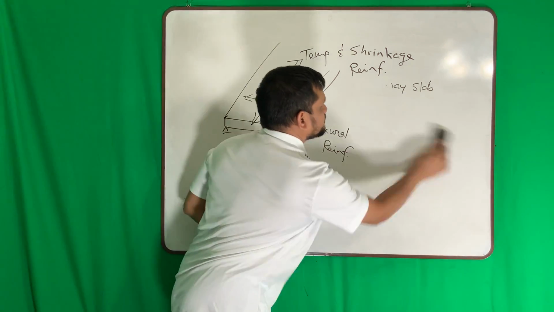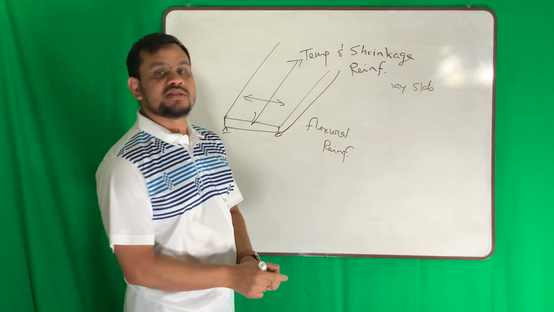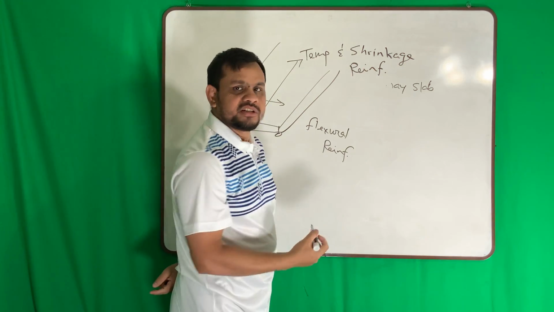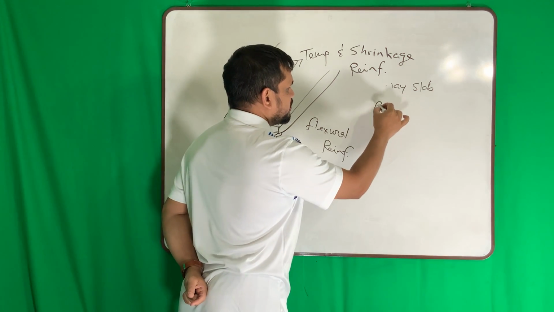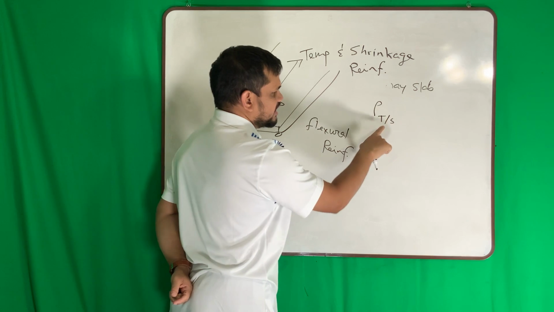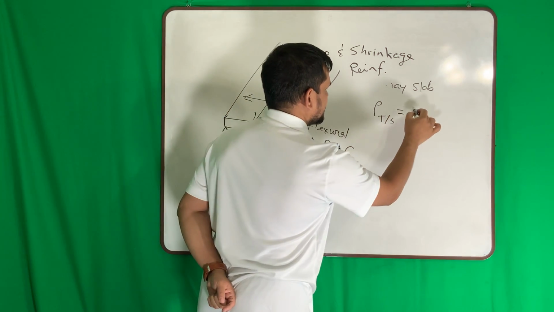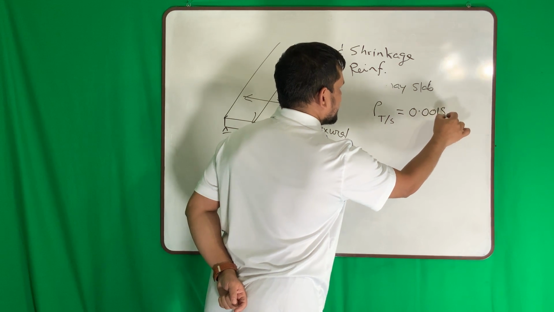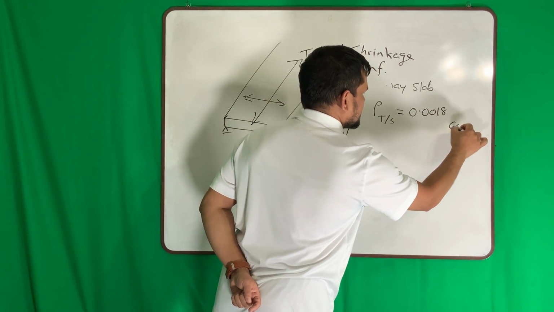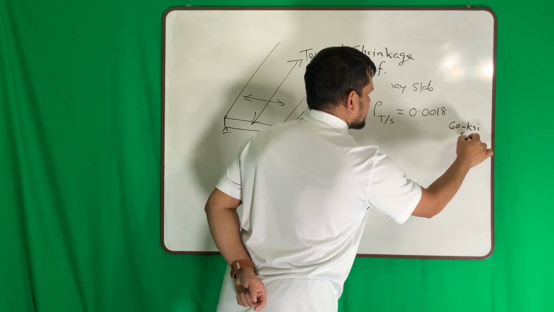Now, how much? What is the temperature and shrinkage reinforcement? Rho T, I write this way, temperature and shrinkage. Rho TS is 0.0018 for 60 ksi steel.